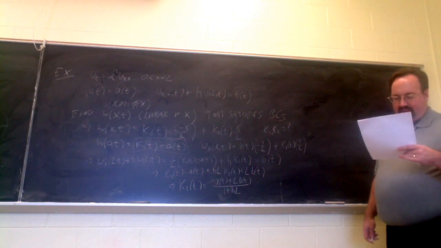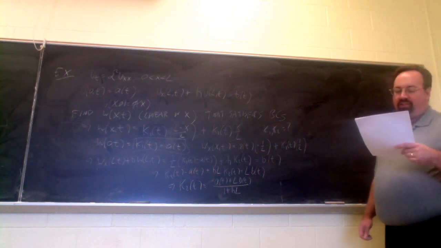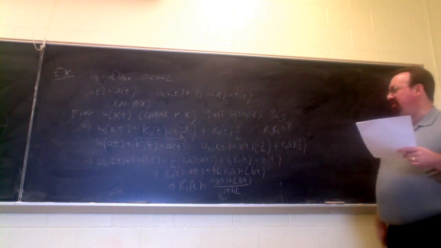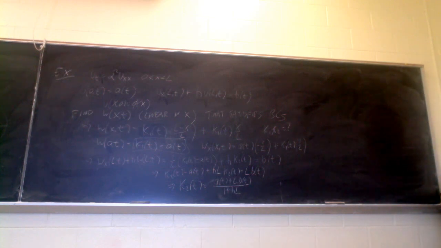And then if I put this over a common denominator, I have minus HL A of t, just A of t. Okay, it's equivalent, but this expression is definitely simpler, so we'll just go with that.